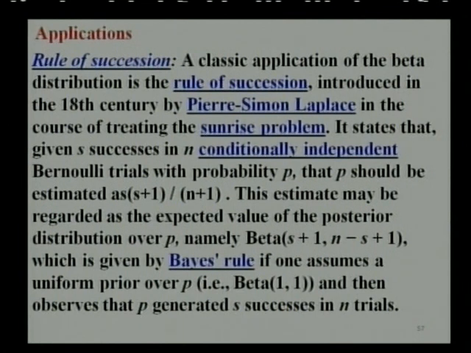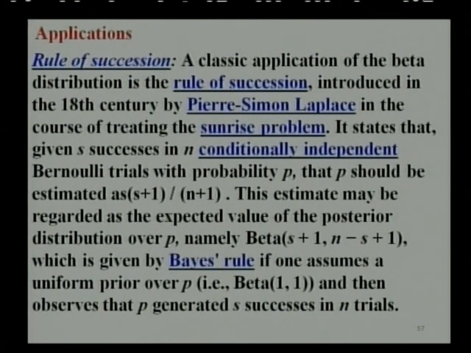Some interesting applications of the beta distribution. A classic application is the rule of succession, introduced in the 18th century by Pierre-Simon Laplace in the course of treating the sunrise problem.